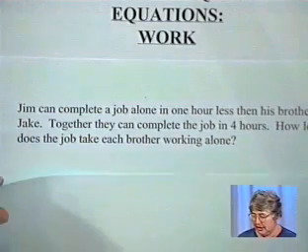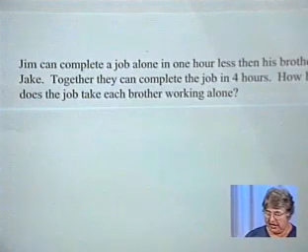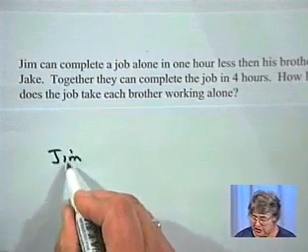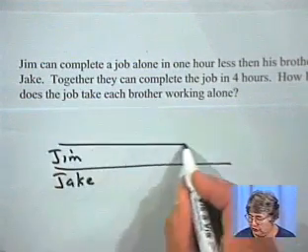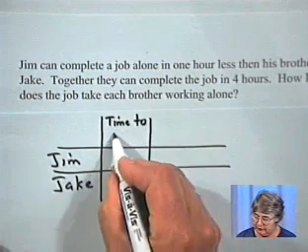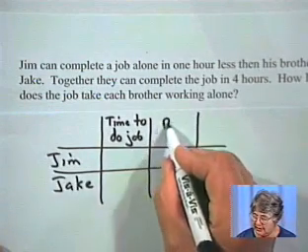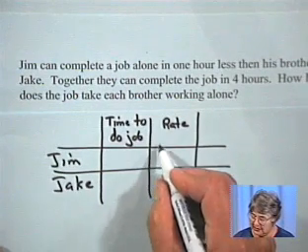If you remember that with work situations, what we've done before is we've made a table, and so first of all we've got two brothers, Jim and Jake, and so we're going to write the information that we need in several columns. In the first column, the job. In the second column, we're going to put the rate at which they do the job in 1 unit of time.